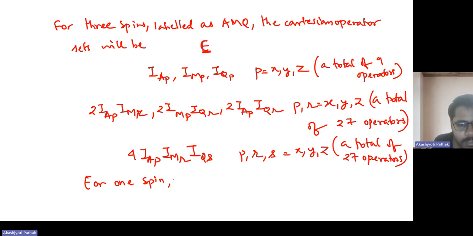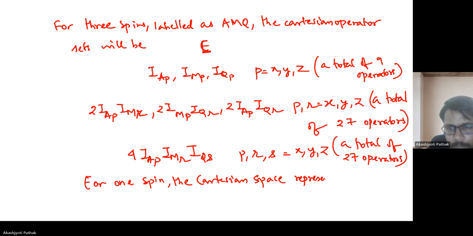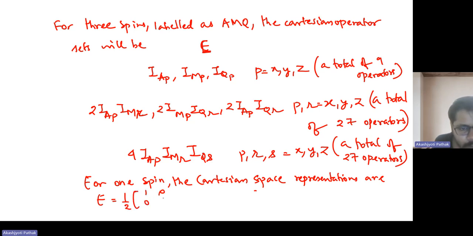So for a one spin system, what are the matrix representations? The identity is equal to half 1 0 0 1.